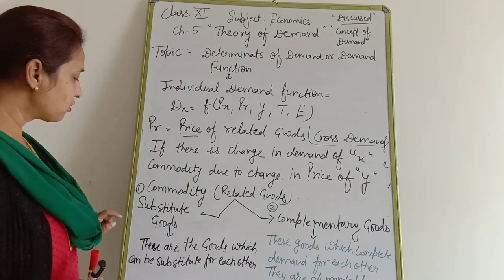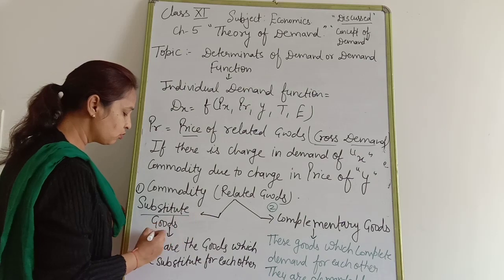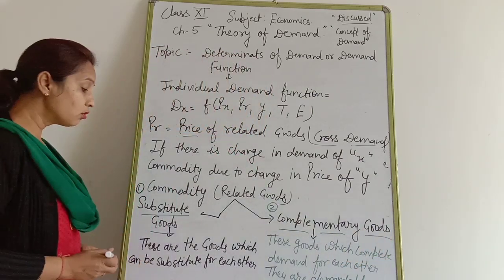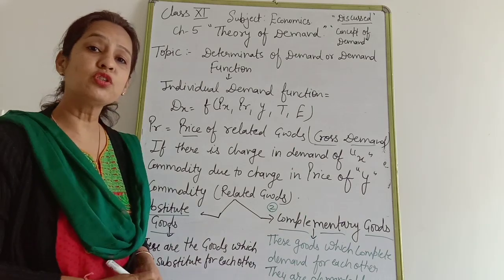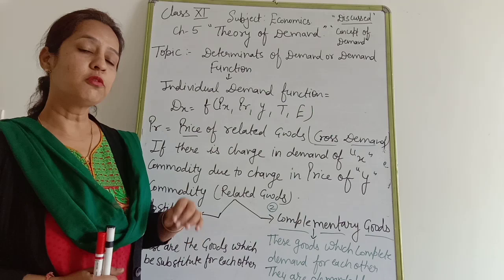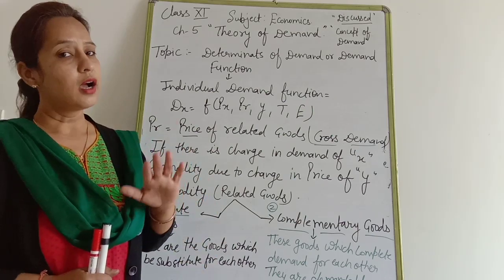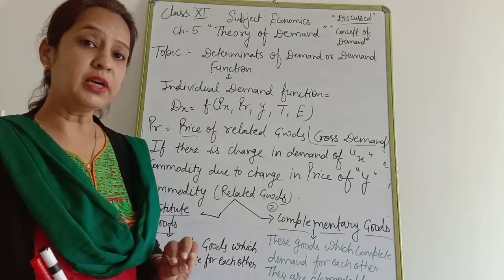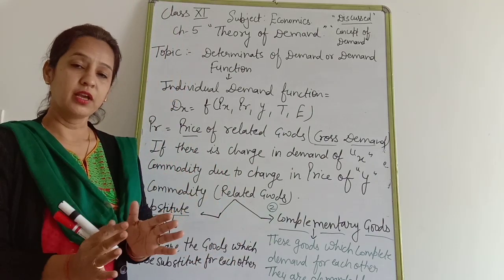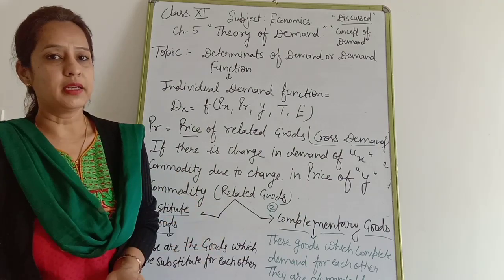There are two types of goods: substitute goods and complementary goods. Substitute goods are those goods which are substitutes for each other. If you cannot find one commodity, you can substitute it with another commodity. Examples: tea and coffee, Pepsi and Coke, ball pen and ink pen.